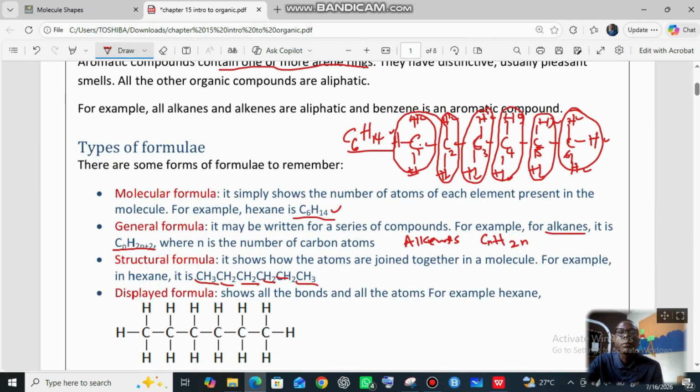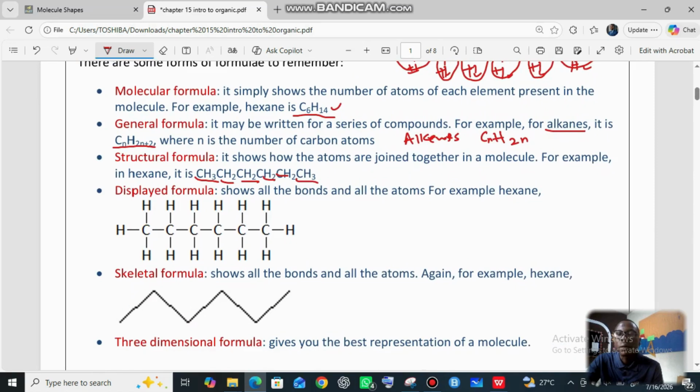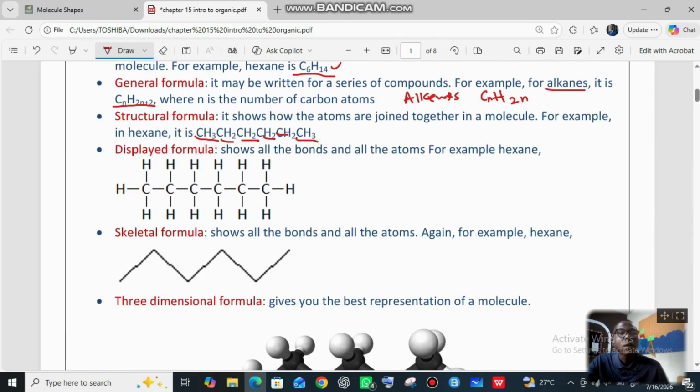The next is the displayed formula, which I drew earlier. This is how the displayed formula for hexane looks. Then lastly, we also have the skeletal formula. When we see the skeletal formula, each end and each corner represents a carbon atom.